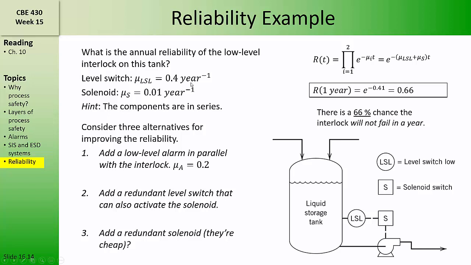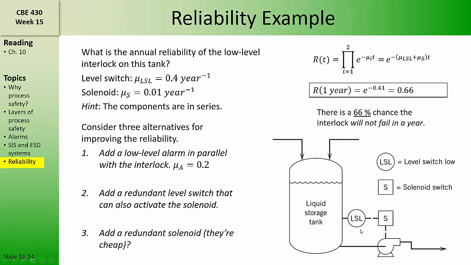That is, the mean time between failures is 2.5 years. For the solenoid, because it doesn't get actuated very often, it's very reliable. The mean time between failures is 100 years. So its rate of failure, mu, is 0.01 per year.